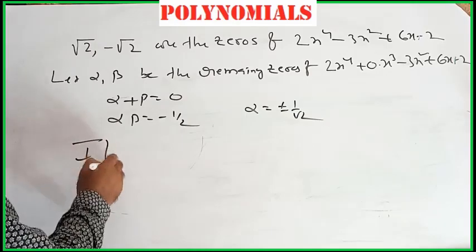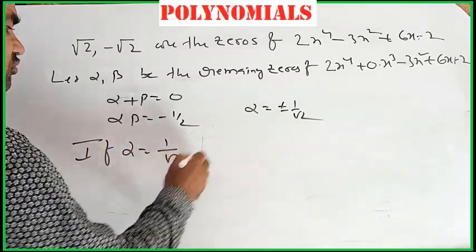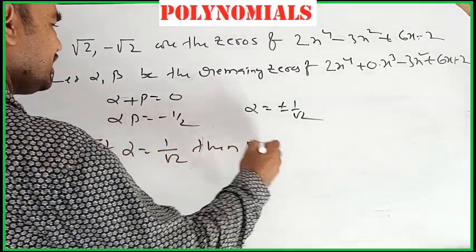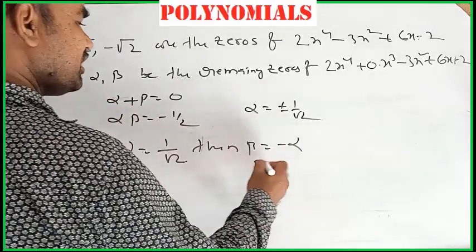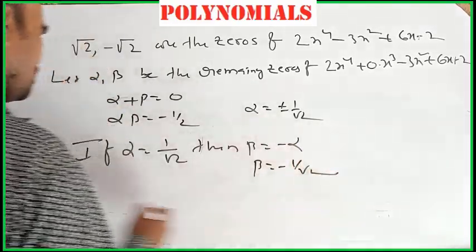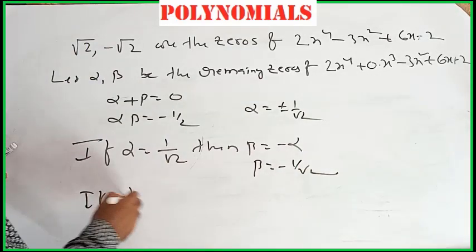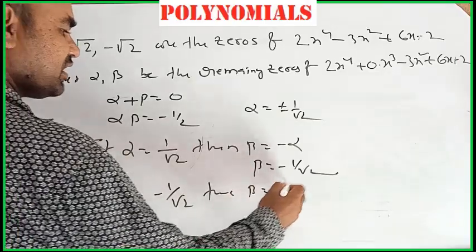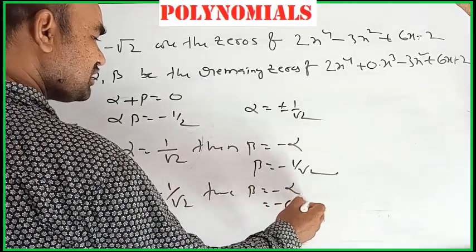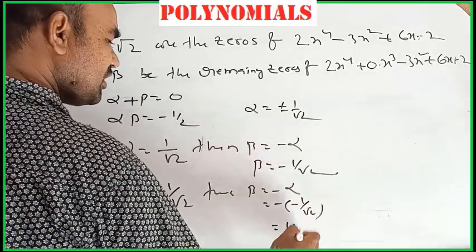If alpha equals 1 by root 2, then beta equals minus alpha according to the first equation, so beta equals minus 1 by root 2. If alpha equals minus 1 by root 2, then beta equals minus alpha, that is minus of minus 1 by root 2, which equals 1 by root 2.